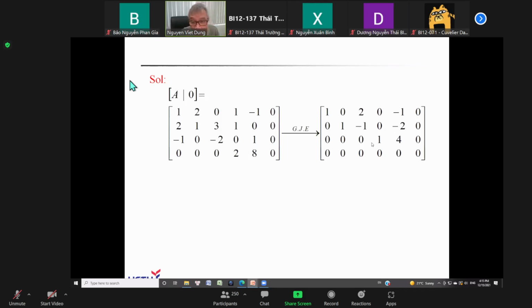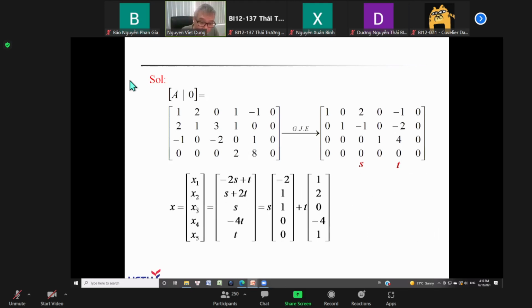You change it into row echelon form like that, and the first, the second, and the fourth columns contain the leading ones, which means the third and the fifth will be free variables.